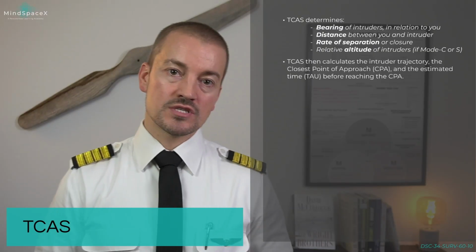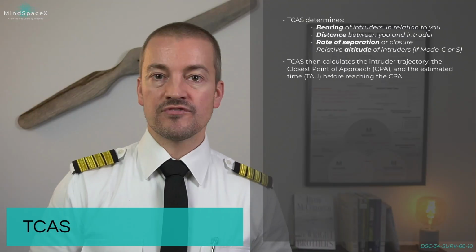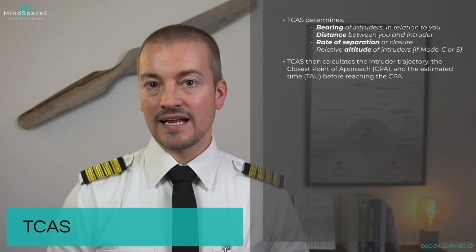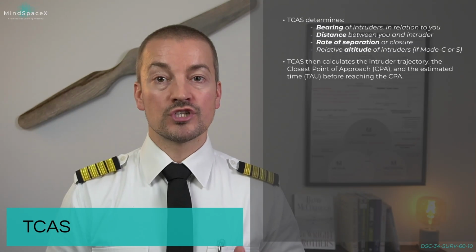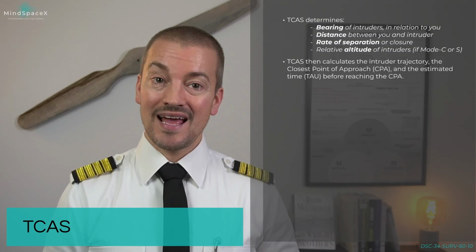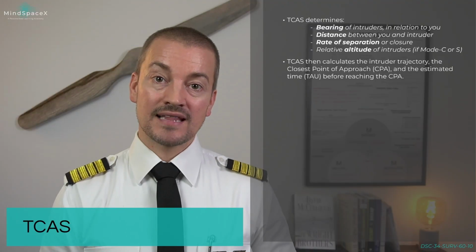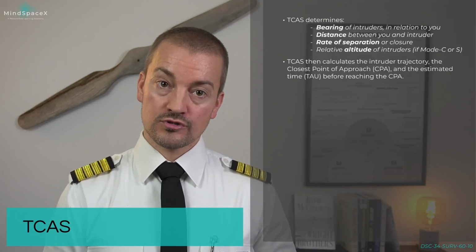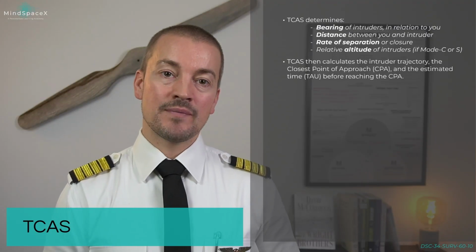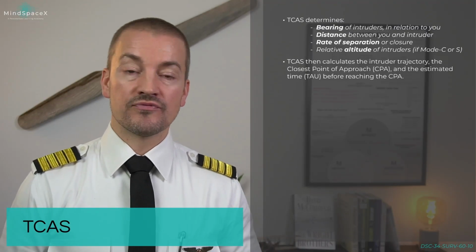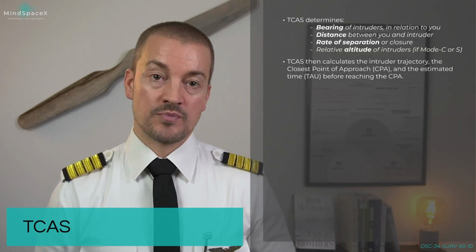The TCAS uses each intruder's information to calculate an intruder's trajectory, as well as the CPA, that's the closest point of approach, and the estimated time TAU before reaching that CPA.